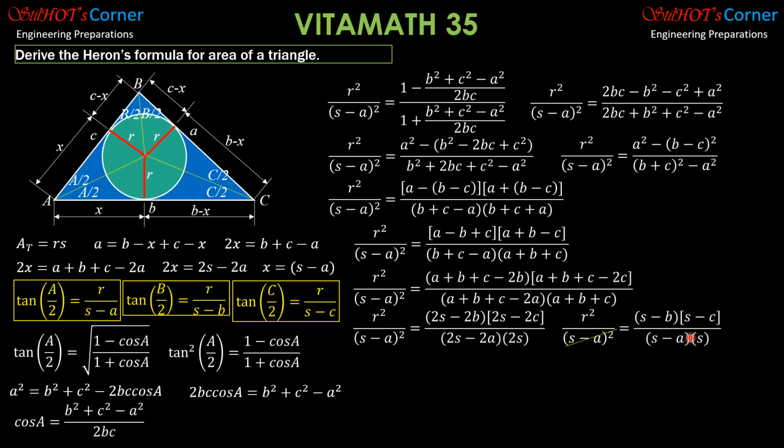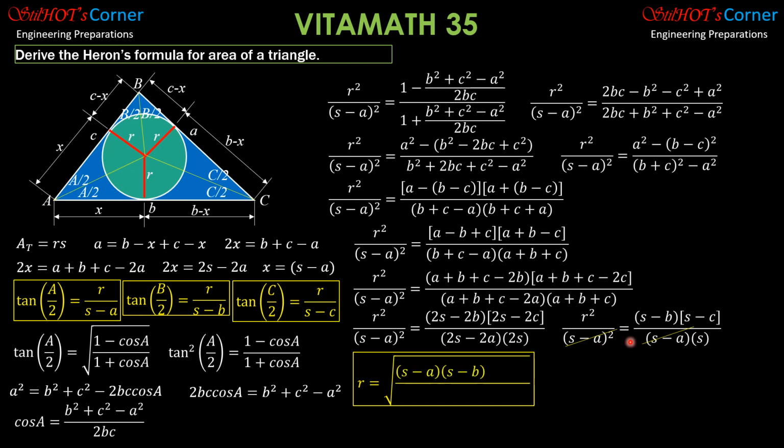So we cancel s minus a here. Then we cross multiply and extract the square root. Finally we have the expression for r, which is equal to the square root of (s minus a)(s minus b)(s minus c) all over s. So that's the expression for r.